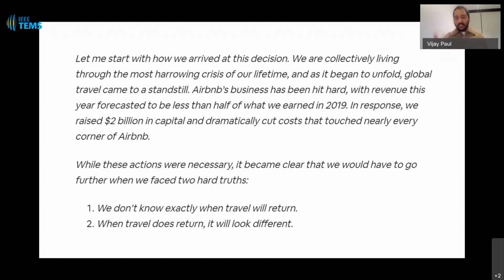No need to read through the whole thing, but just look at the very first sentence: "Let me start with how we arrived at this decision." In his email, he earlier talks about the layoffs that are going to happen, and then he explains in great detail the context of why they're taking this decision, what's happening in the industry.